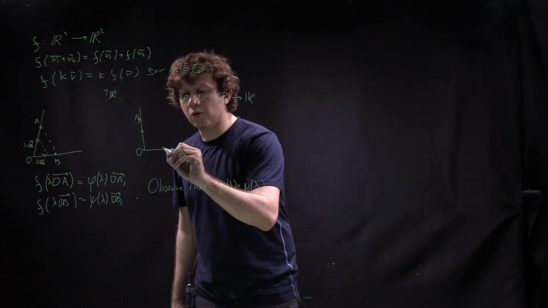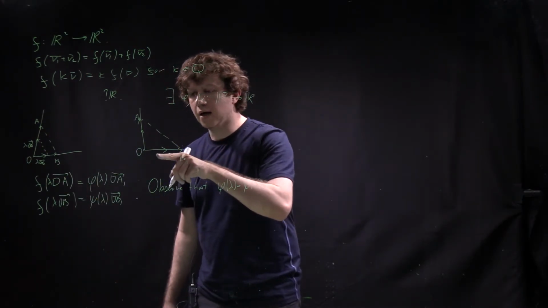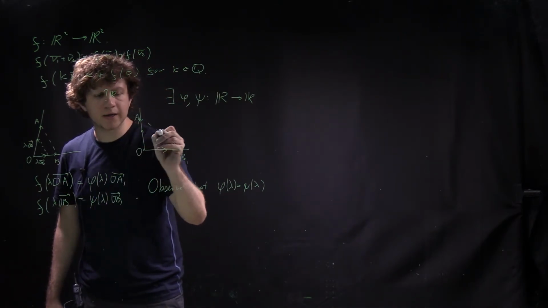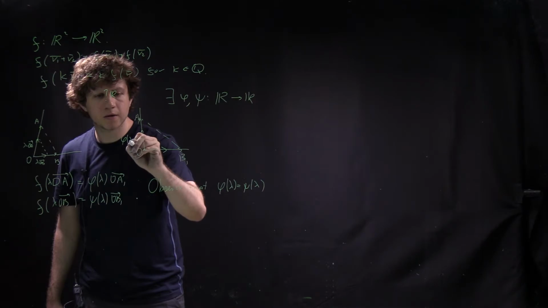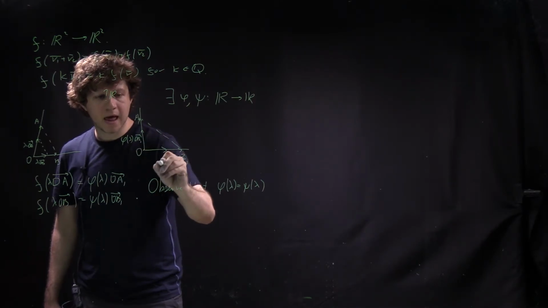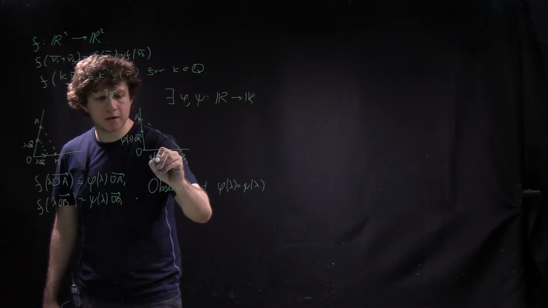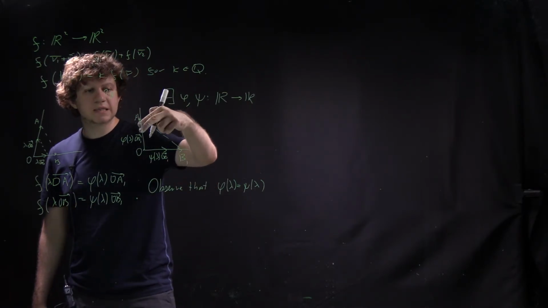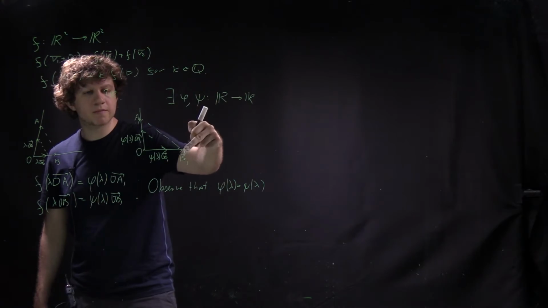And so they go to vectors phi of lambda OA1 and psi of lambda OB1, and we know that this line is parallel to the line A1B1.